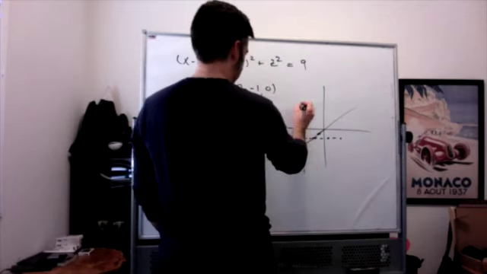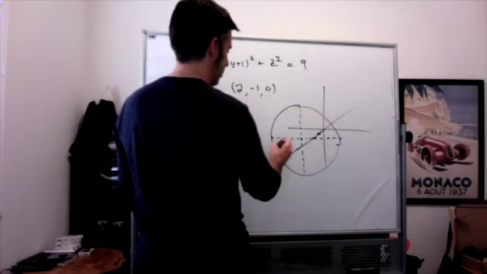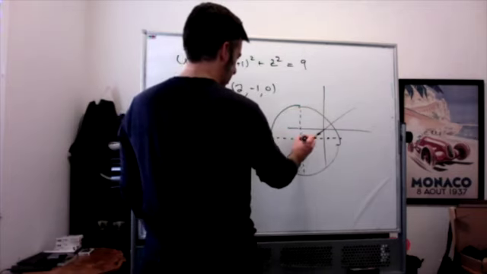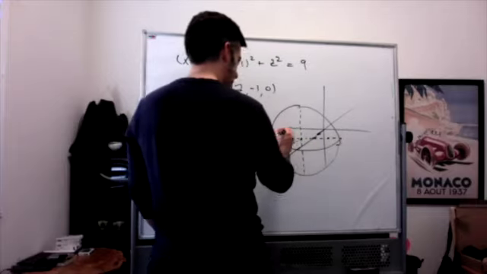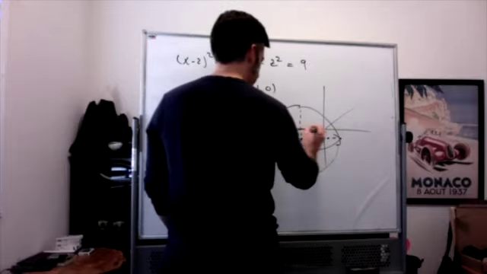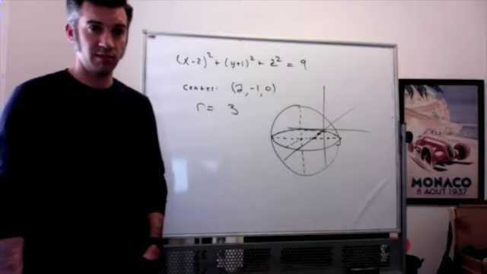Clearly not the best drawing. And then we would go 3 in this direction as well. So there would be your sphere of radius 3 centered at the point (2, -1, 0).